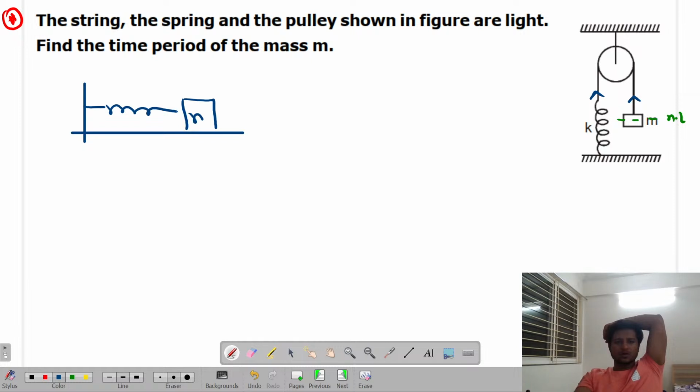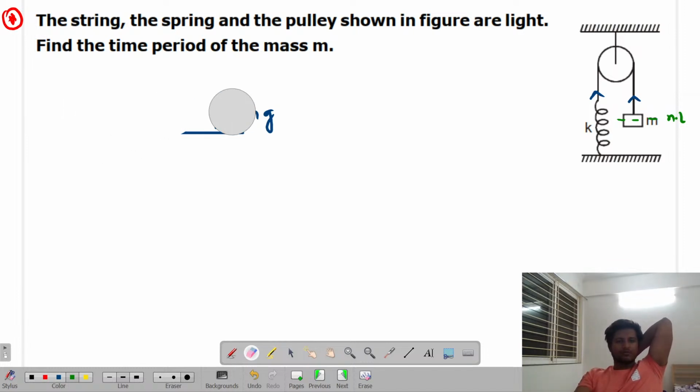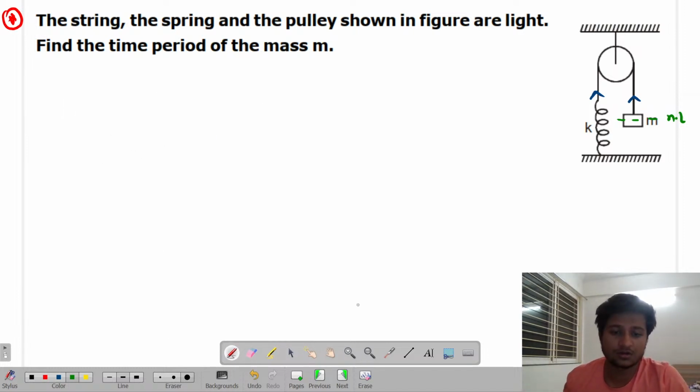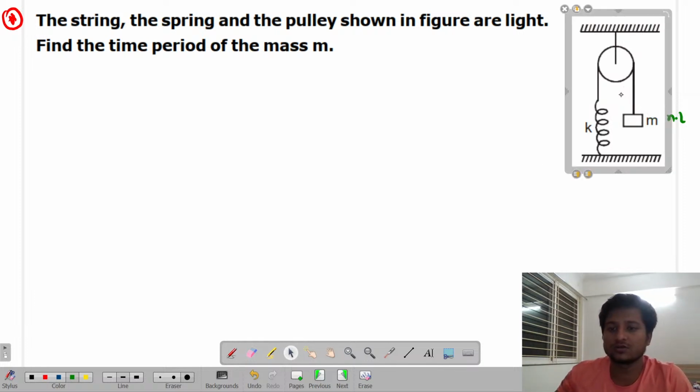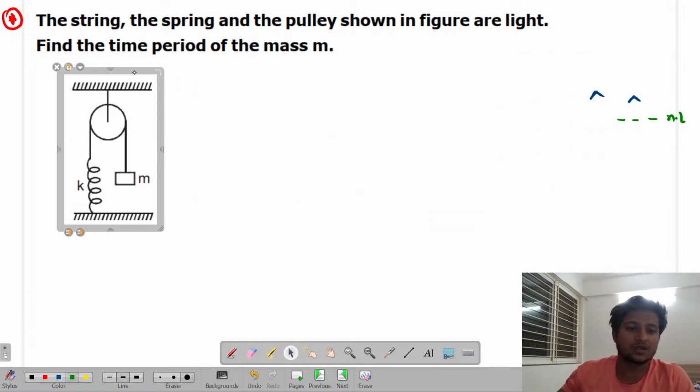It is attached with the block of mass m. Is that clear or not? Pulled by a force how much? mg. क्या जिसके थ्रू pulled हो रहा है? Okay, I'll tell you the trick later. Let me prove it. Is that clear?